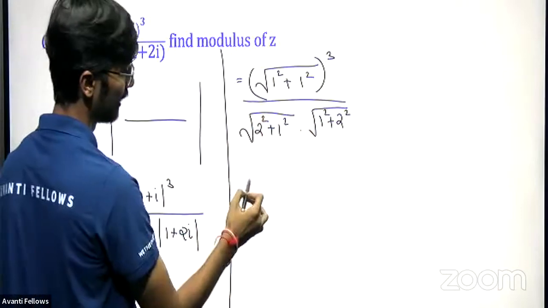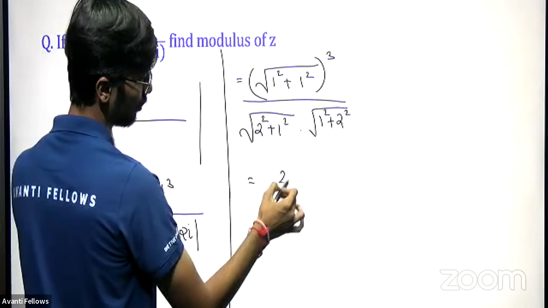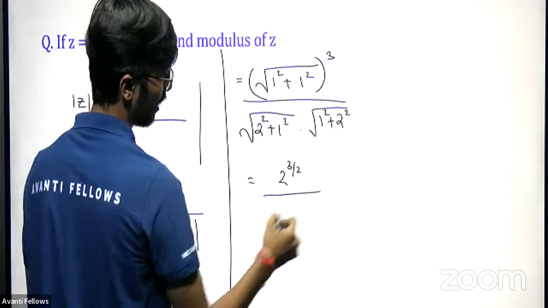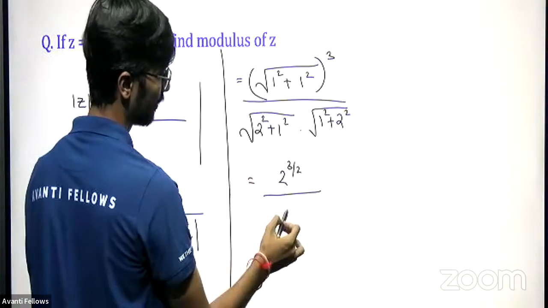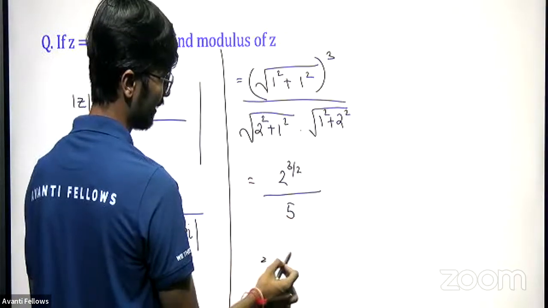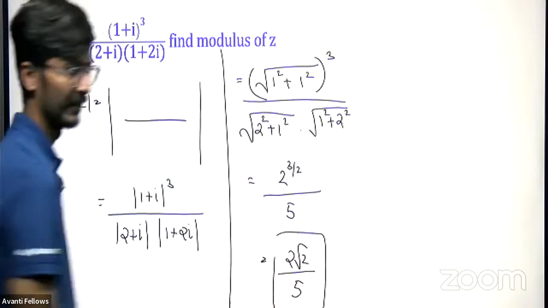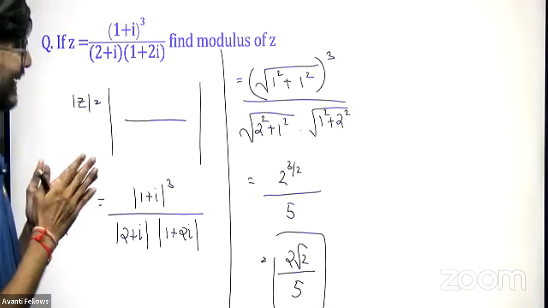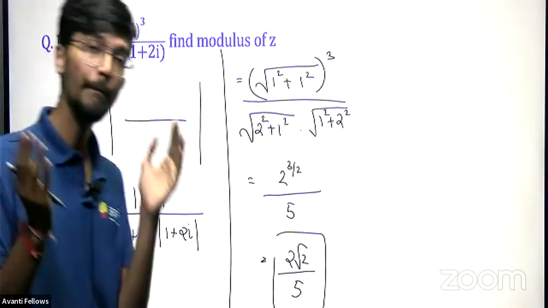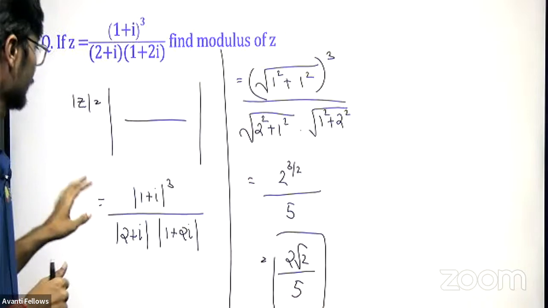So in the numerator I'll get 2 raised to 3 by 2, upon, in the denominator, 5 plus 5. So this is my answer. We can write it as 2 root 2 upon 5. So these are some nice uses of properties of modulus. Let's move on to the next one.